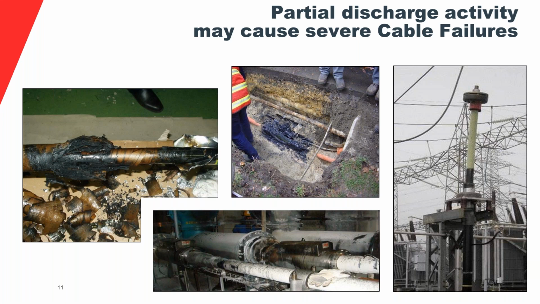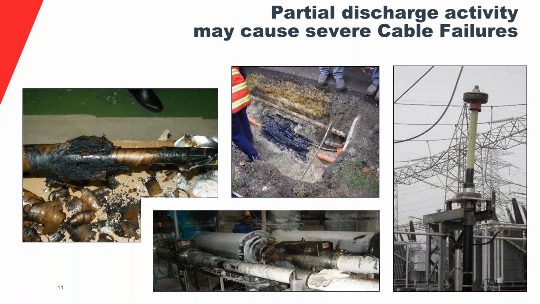Then on the bottom, you see a gas insulated installation that exploded. This was one failure, and it took them months to clean it up before they could do a fairly straightforward joint or splice repair and put that transmission cable back into service.